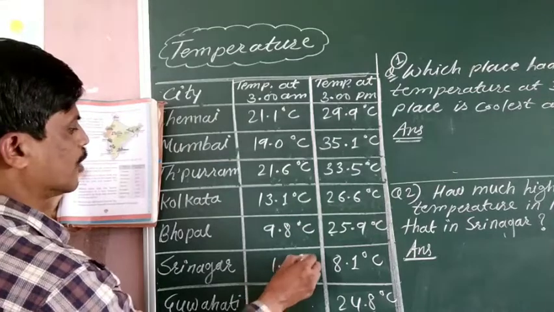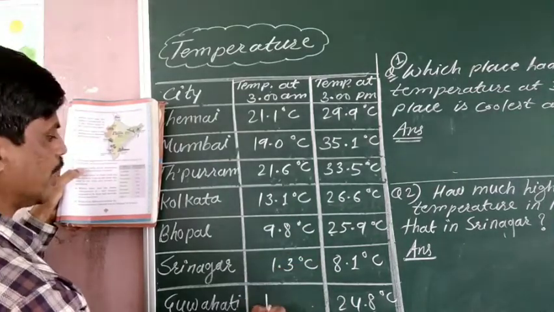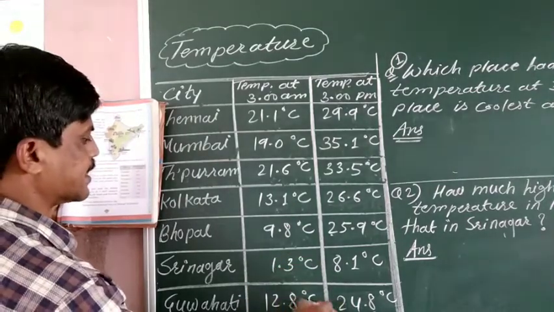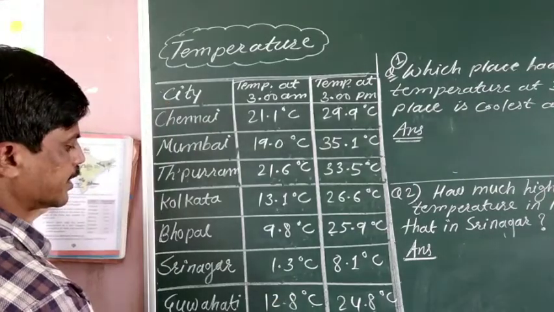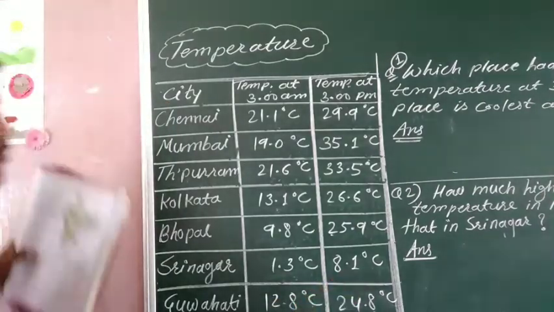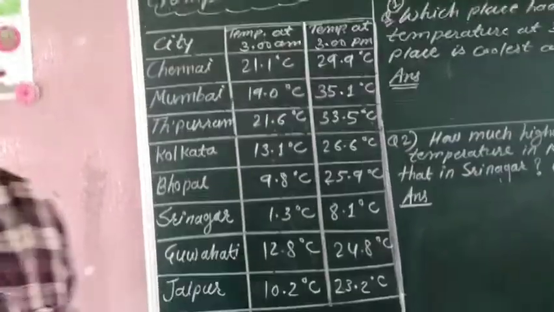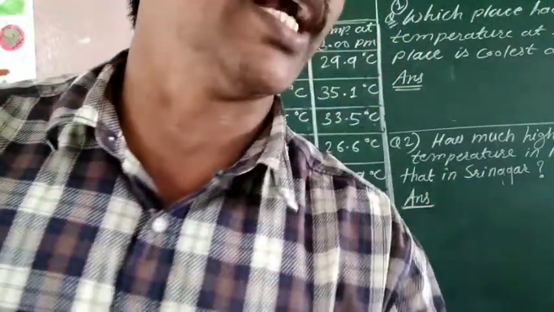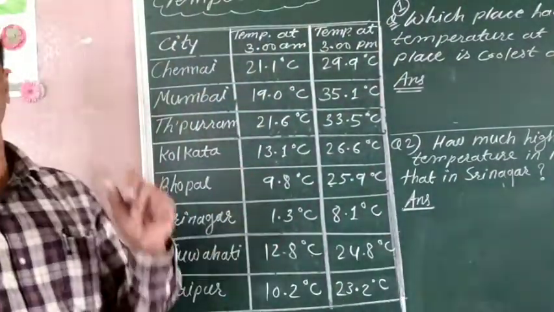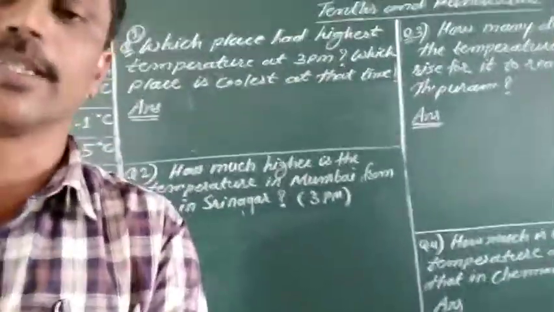Srinagar it is 1.3 degrees Celsius, and Guwahati it is 12.8 degrees Celsius, and Jaipur it is 10.2 degrees Celsius. Okay, so these are the temperatures of some cities which were noted at 3 PM and 3 AM. Now on the basis of this information, some questions are here.